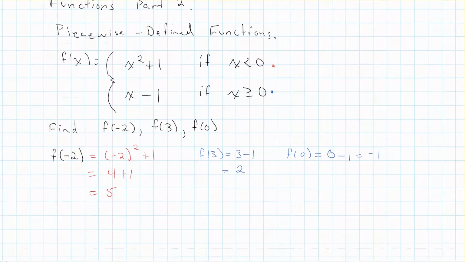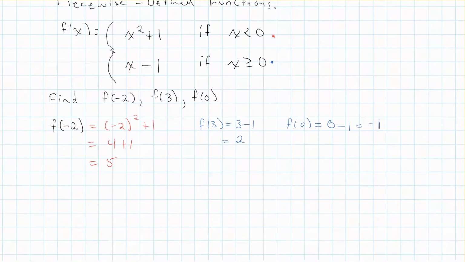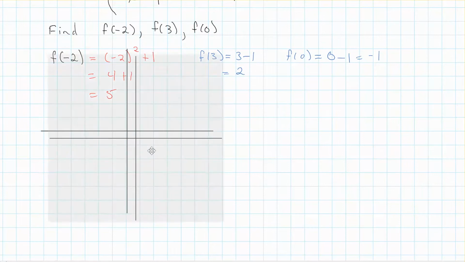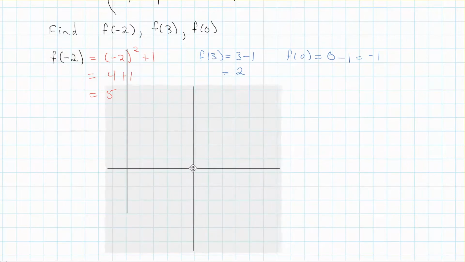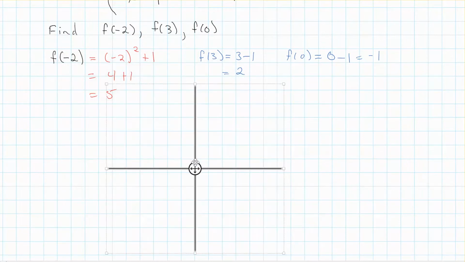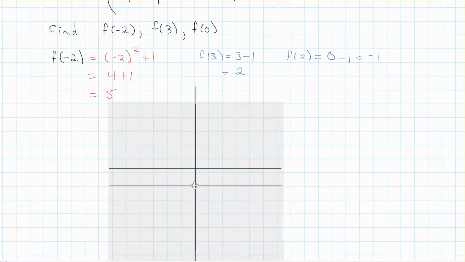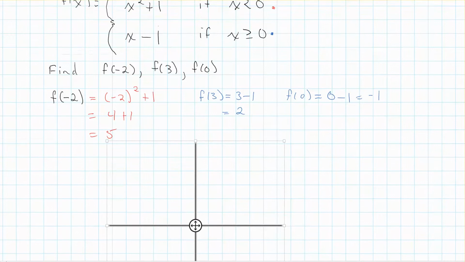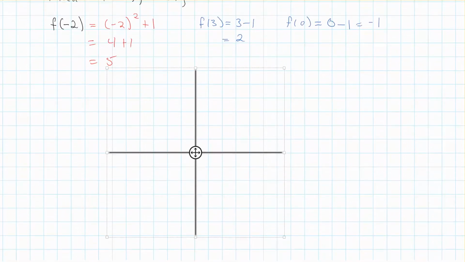Now, what I like to do if we're talking about graphing these, I'll bring up a graph here, is first plot the points at the transition point. What do I mean by the transition point? In this case we have one transition and it's at x equals 0.